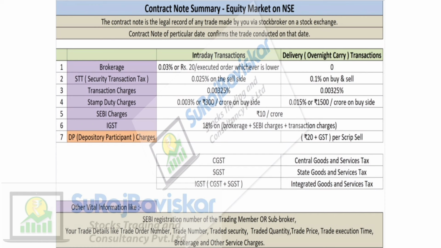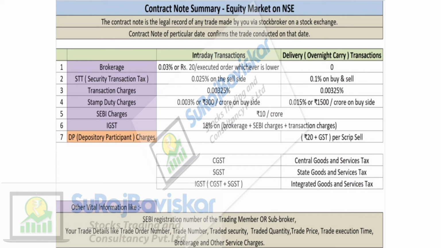Okay, next is very important, GST. There are different types of GST like CGST, that is Central Goods and Service Tax, SGST, that is State Goods and Service Tax, and IGST, that is Integrated Goods and Service Tax, which is nothing but the addition of Central Goods and Service Tax plus State Goods and Service Tax.